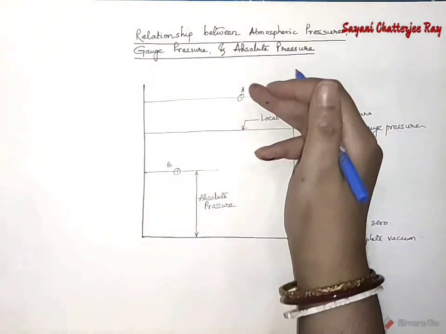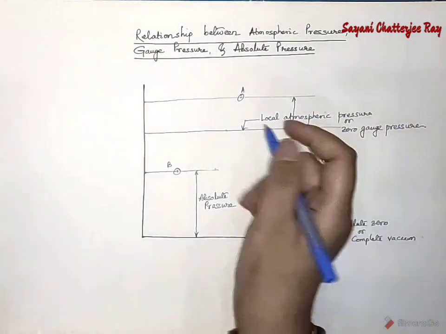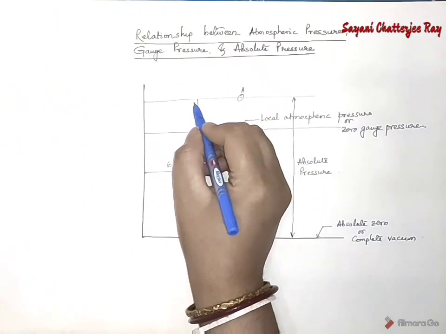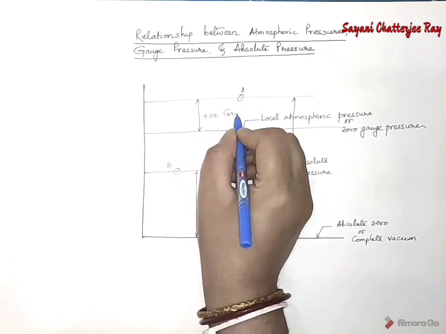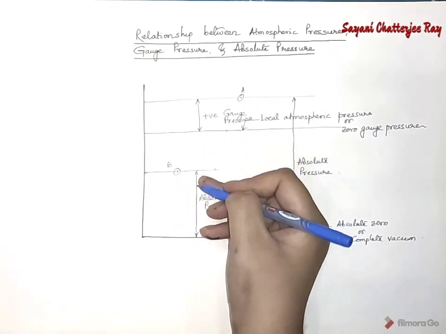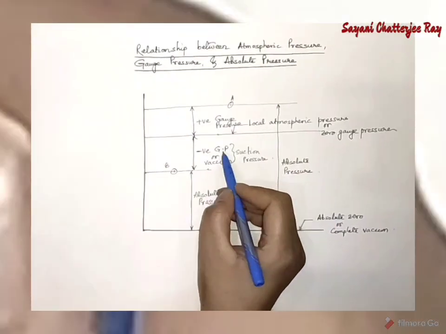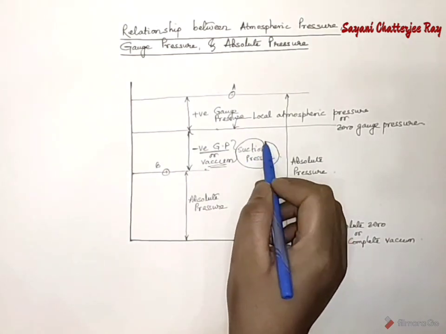Above this line will be the positive gauge pressure and below this line will be the negative gauge pressure. This one is above the local atmospheric pressure, so it is the positive gauge pressure, and below this local atmospheric pressure will be the negative gauge pressure. This negative gauge pressure is also known as vacuum or the suction pressure.